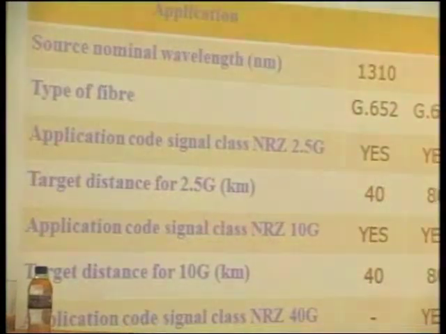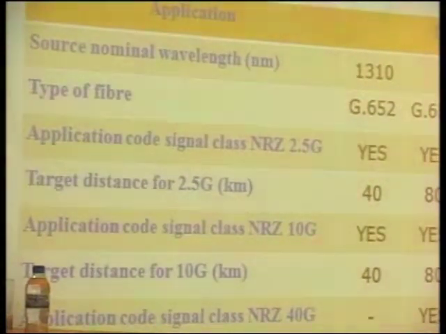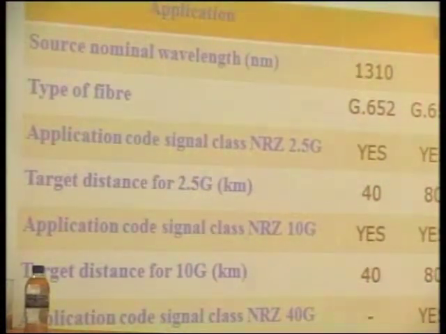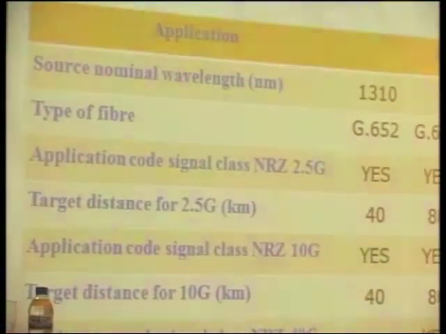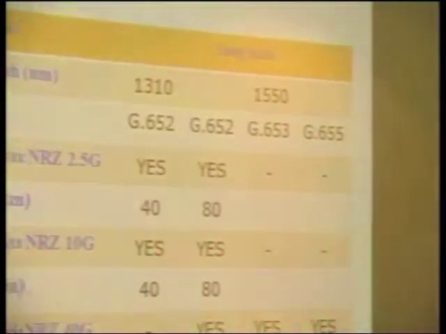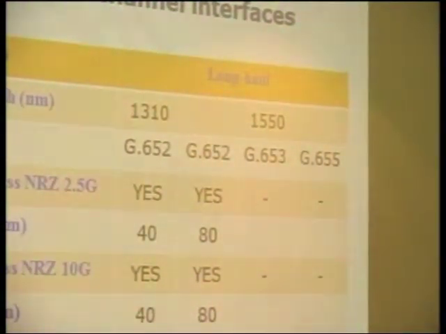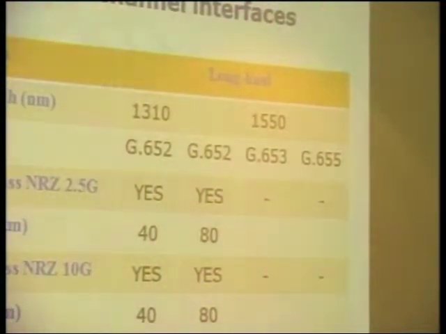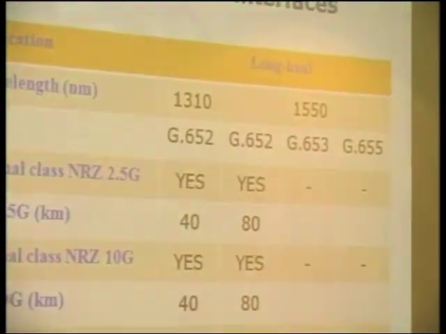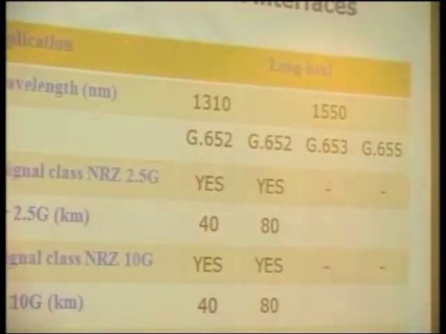The second part of the table is for long haul. Second window is increased to 40 kilometers, but it lacks the highest speed. 40 gigabit per second is not specified.